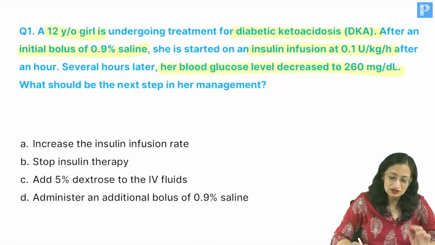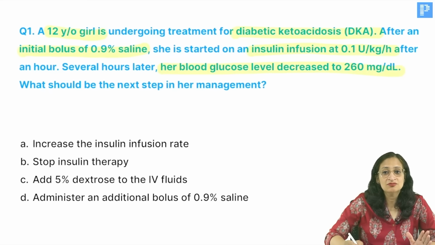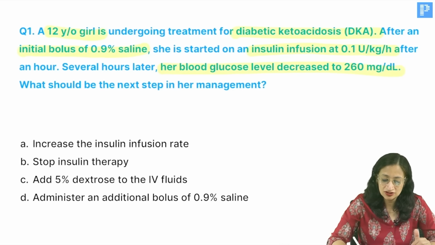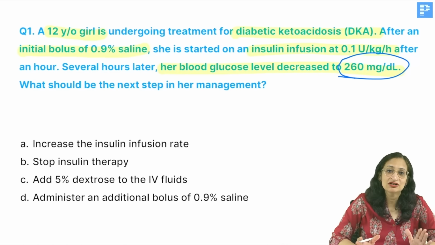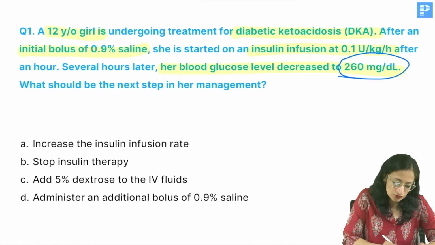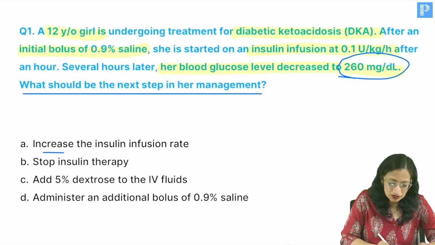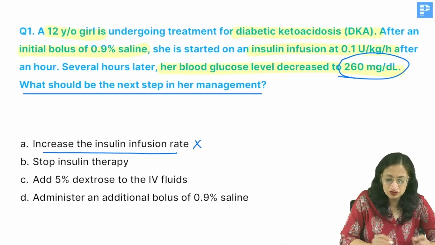Here there is a child with DKA and her blood glucose level has now decreased to 260 milligram per dl. Once the blood glucose level has come between 250 to 300 milligram per dl, we need to add dextrose to the fluid. What should be the next step in her management? Increase the insulin infusion rate? No, that would cause a further fall in blood glucose.